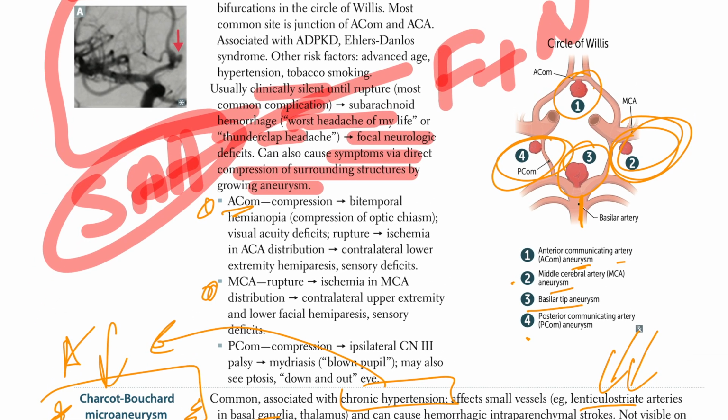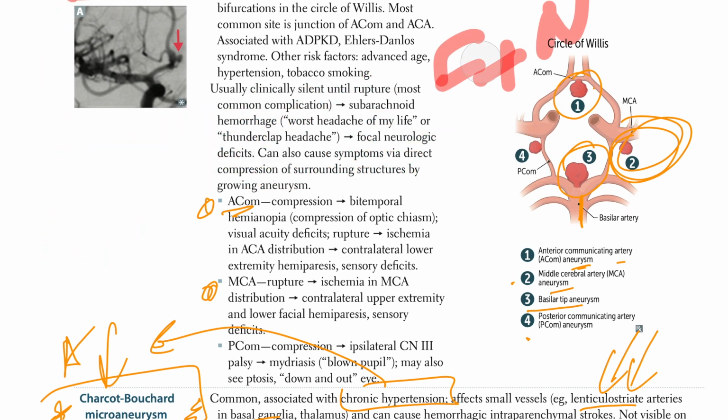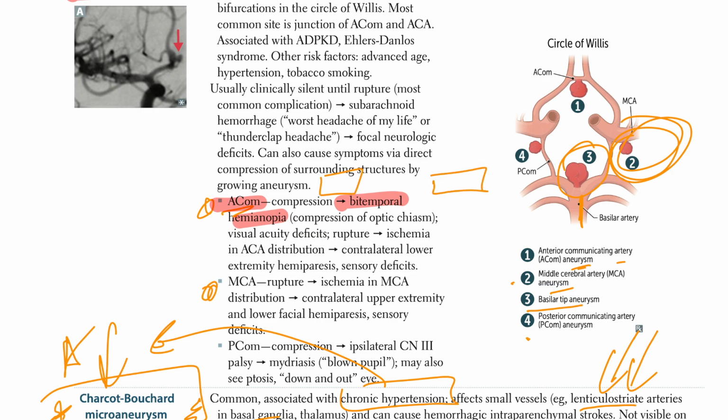For example, if this aneurysm was to grow enough to cause compression at the ACOM, it will lead to bitemporal hemianopsia. Bitemporal hemianopsia meaning, simple thing, on the temporal sides you will not be able to see. So bitemporal hemianopsia, okay, because of the compression of the optic chiasm, which is a visual field defect.